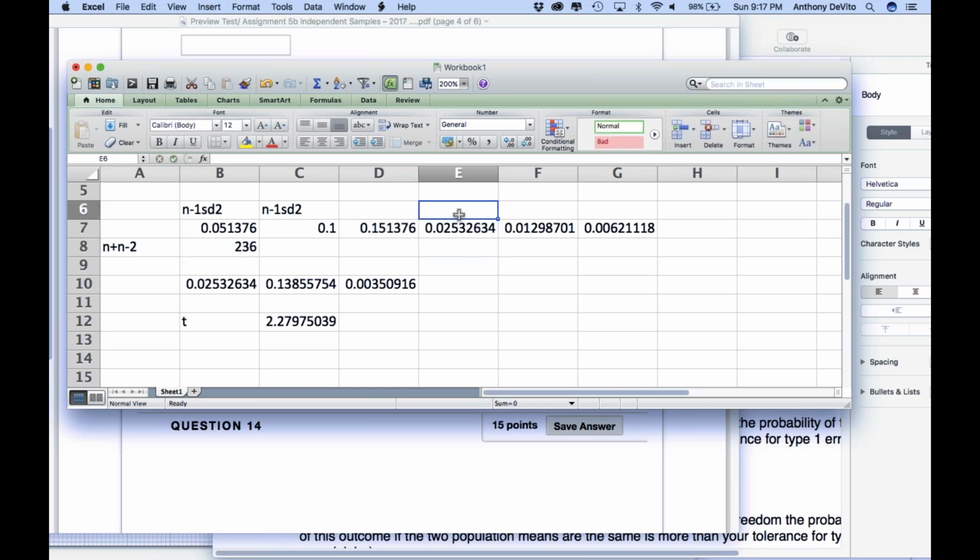So my standard error, oh, that's just that formula. Now I have to multiply that by my pooled standard deviation. Where was my pooled standard deviation? Let's see, where did that go?